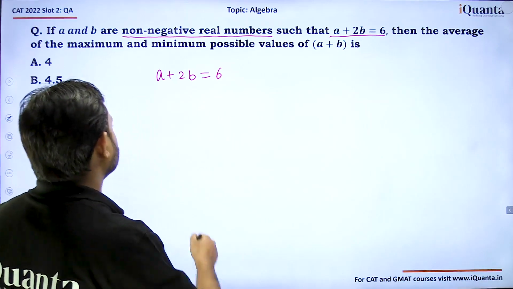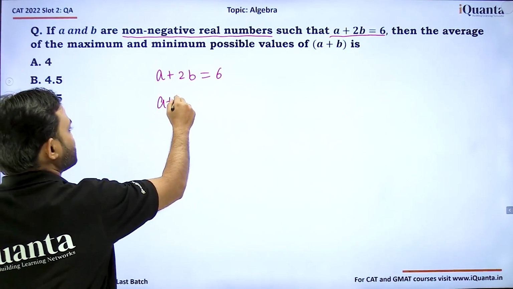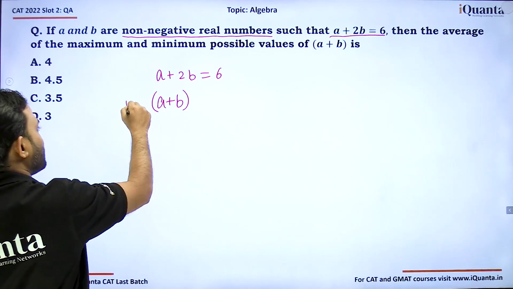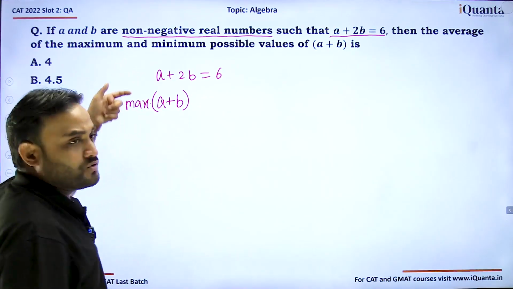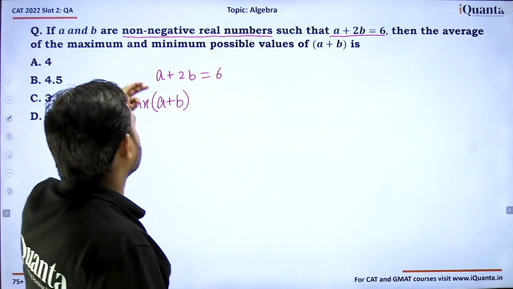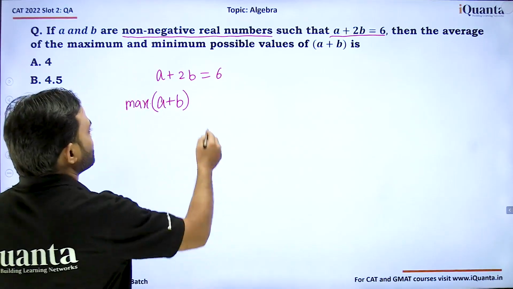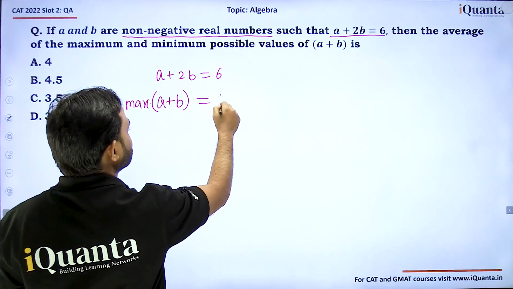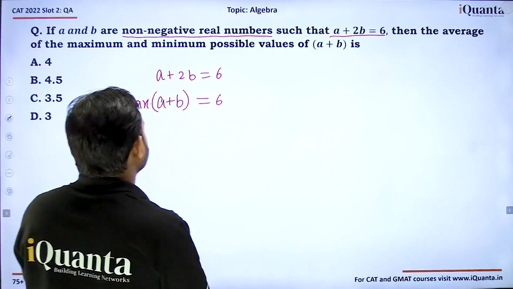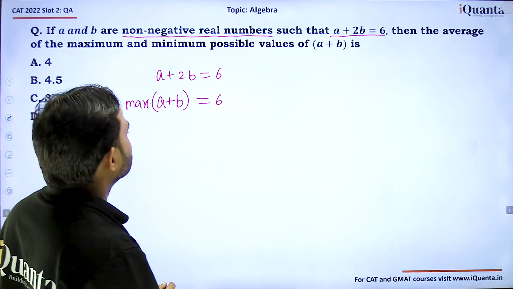So if I want to maximize A plus B, I will maximize the variable with the lesser coefficient. So coefficient of A is 1, so we need to take maximum. So maximum A will be 6 and B will be 0. So maximum A plus B will be equal to 6.